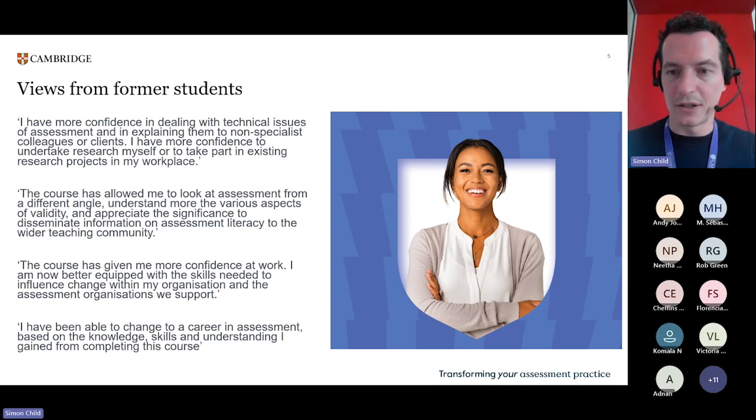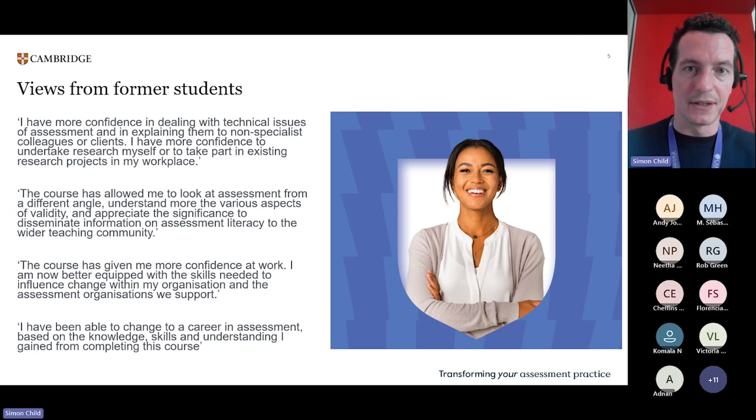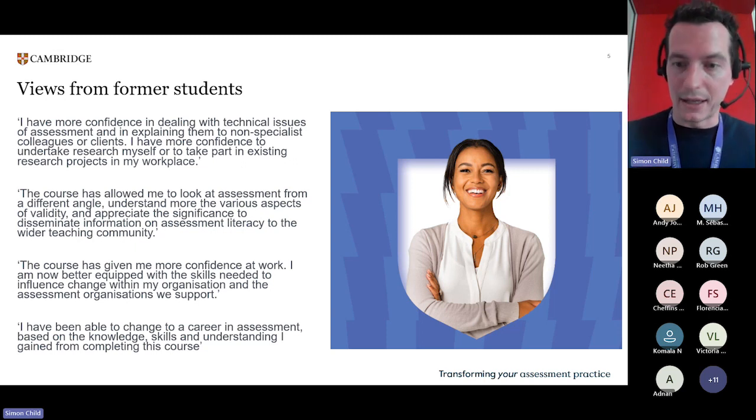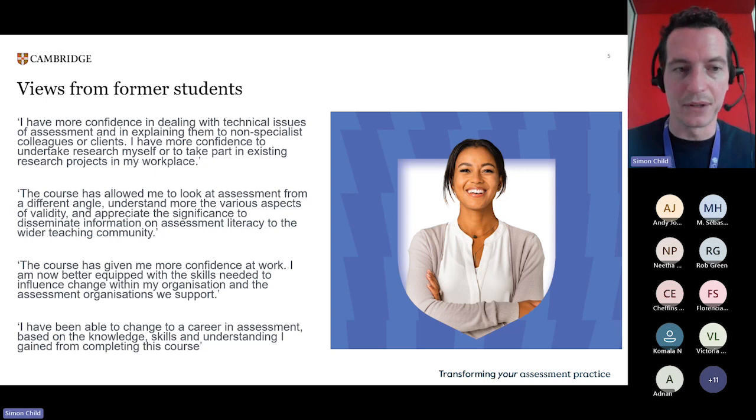So this is one of the things that we're actually most proud of on this particular course, is that the individuals themselves, through gaining the postgraduate qualification, feel that they are almost the go-to person within their organization. So they become the kind of thought leader in applying change within their organization. I think that's a really cool part of the actual course.